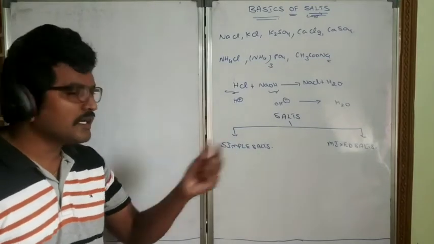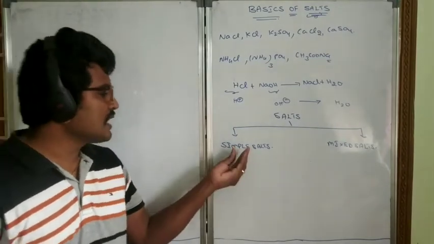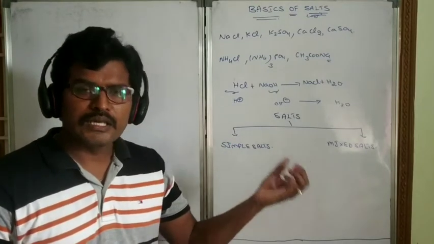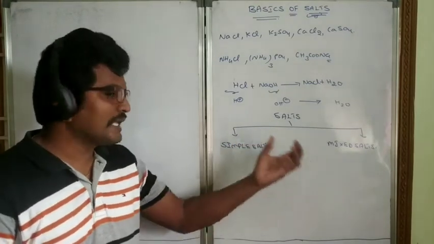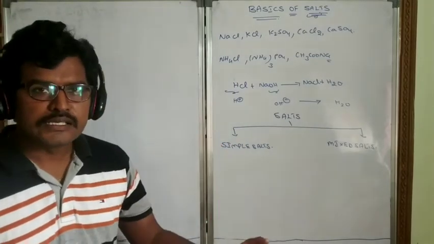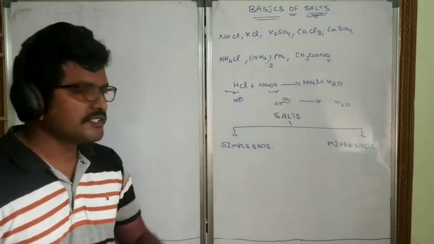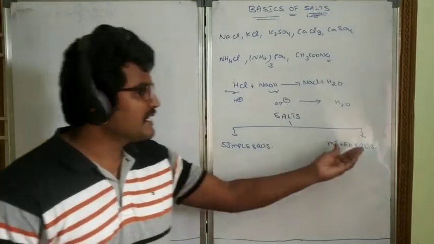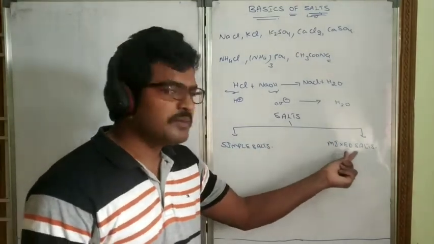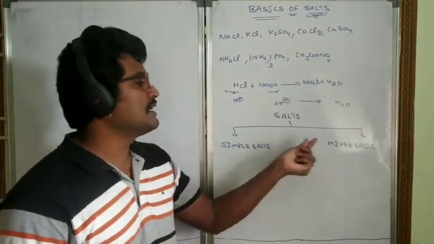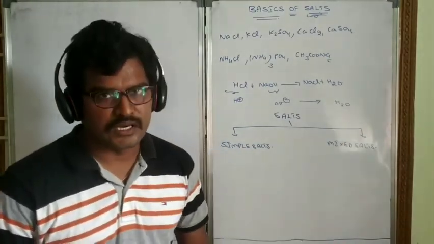Let us see what simple salts are. Salts which contain only one cation and one anion, that is, single cations and single anions, are known as simple salts. Mixed salts are salts formed by the combination of two or more simple salts.